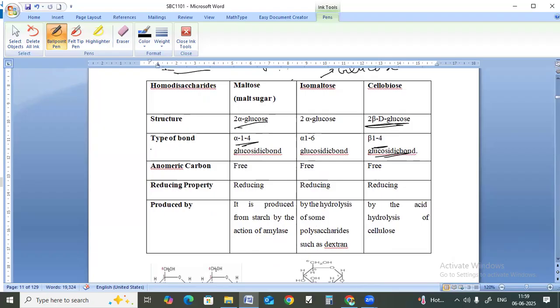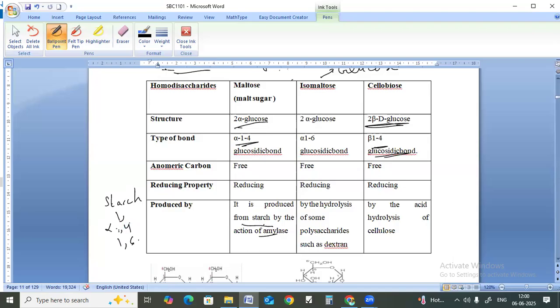Starch hydrolysis by the action of amylase and amylopectinase results in the formation of maltose units. Actually, starch is made up of glucose units, consisting of alpha-1,4 bonds and 1,6 bonds also.